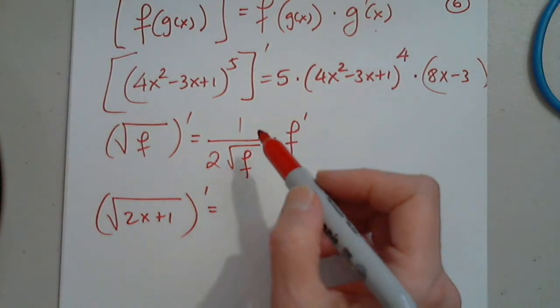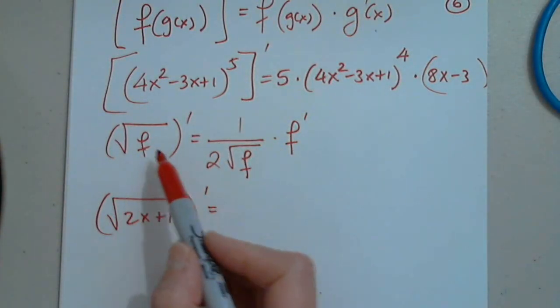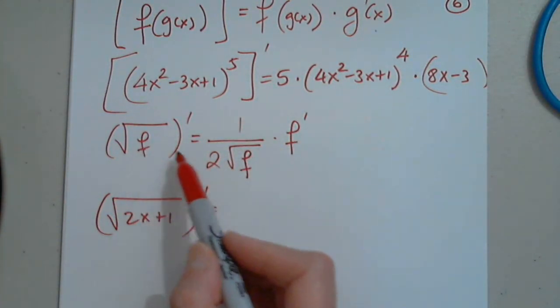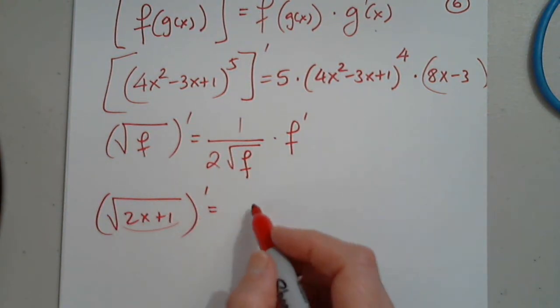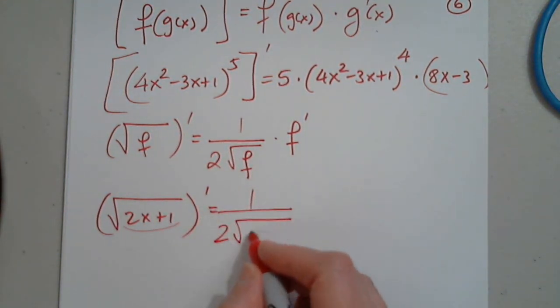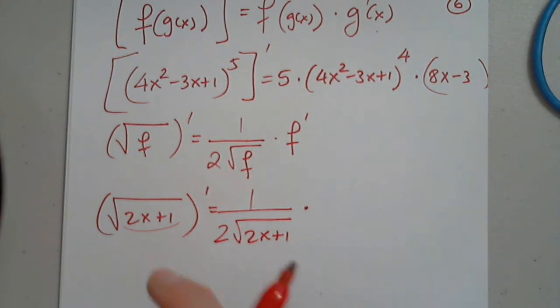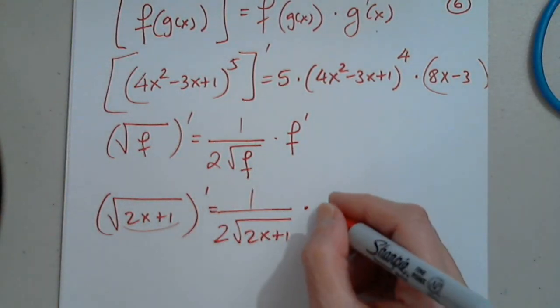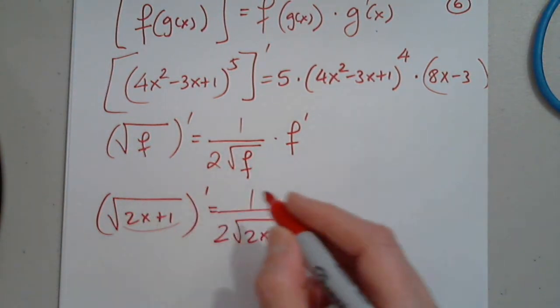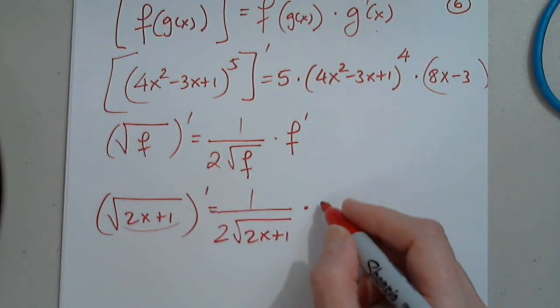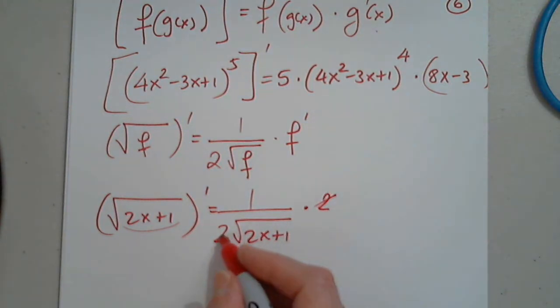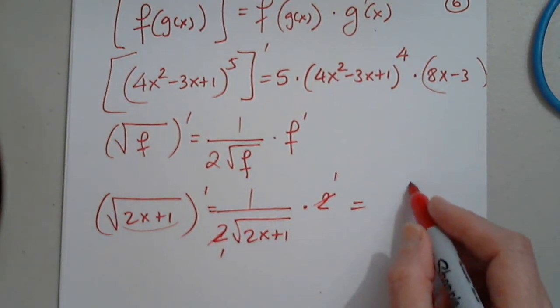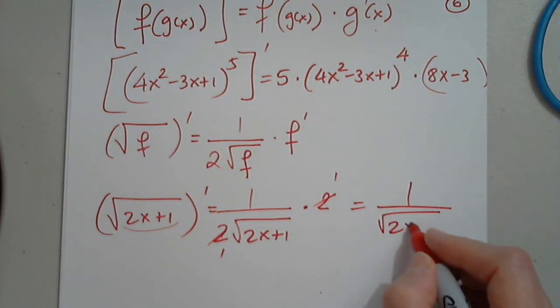All I have to do is replace f and f prime here. So I will have 1 over 2 times the square root of 2x plus 1, multiplied by the inner function prime. What is the inner function prime? 2. That's it. And you can simplify these two. So the final simplified form is this.